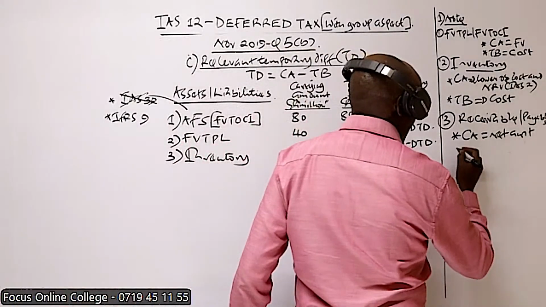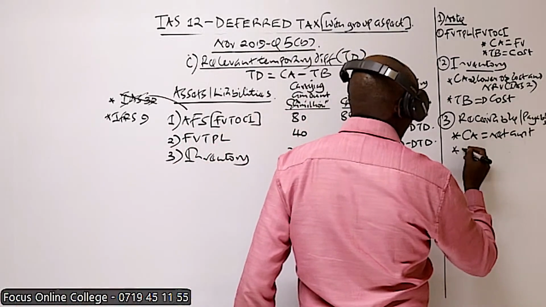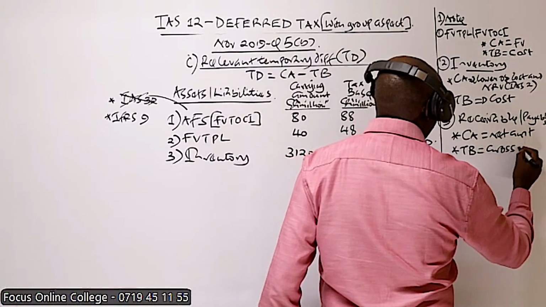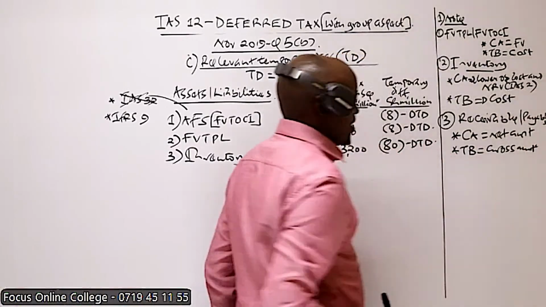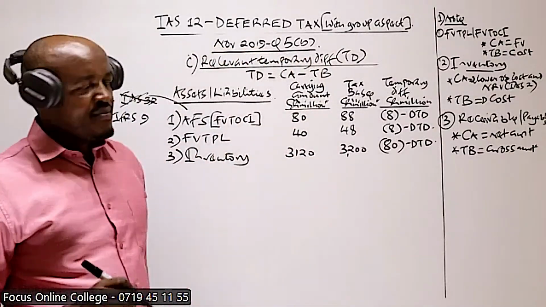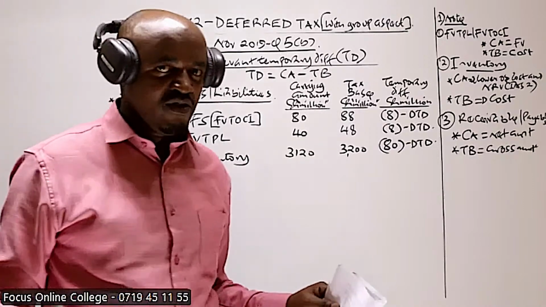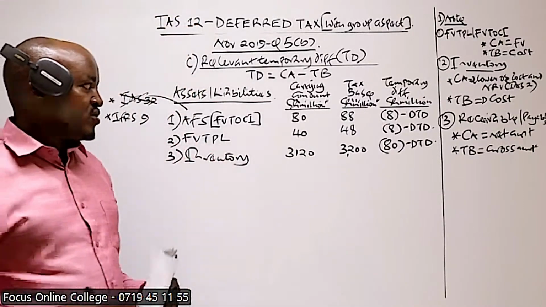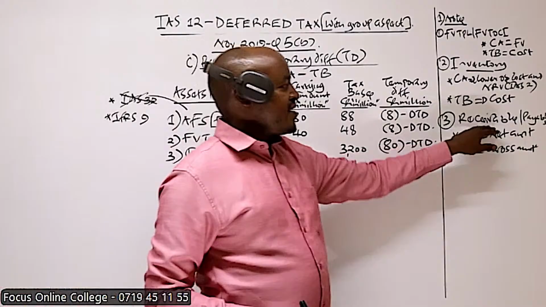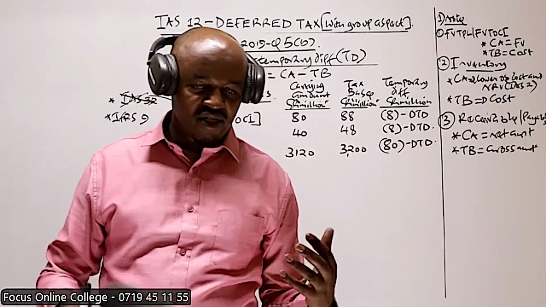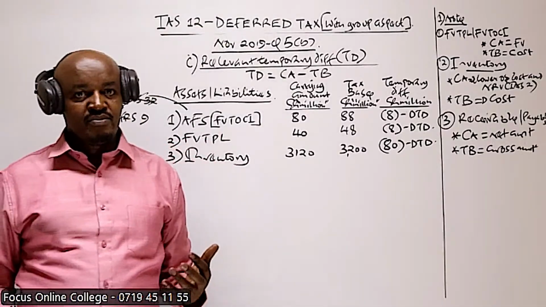So the carrying amount is the net amount, but the tax base is equal to the gross amount, the original amount of receivables or payables before any adjustment. Simply because the reason why we have receivables is that there were some credit sales made. We know credit sales is a taxable income.